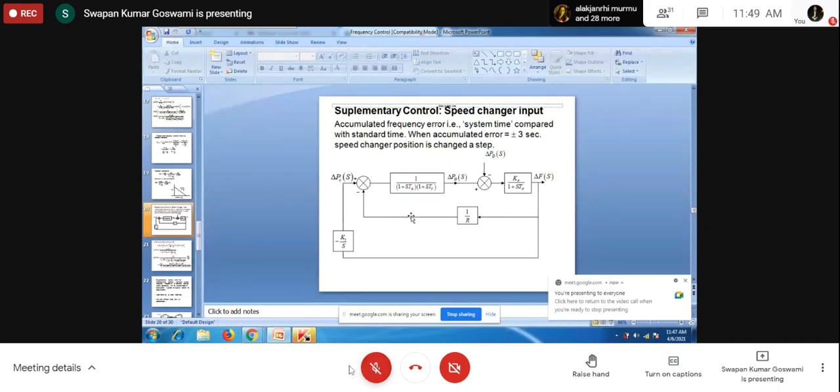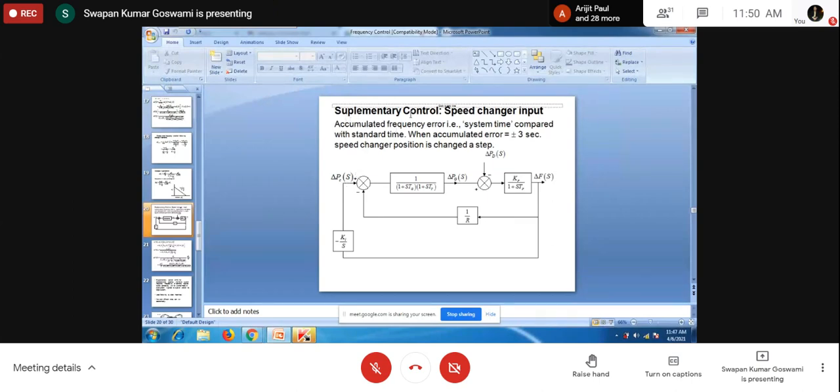The discussion of how these supplementary controllers will be implemented requires some more explanation, and that will take some time. If I want to leave you at 11:55 according to my clock, the time will not be sufficient. So let us stop here.